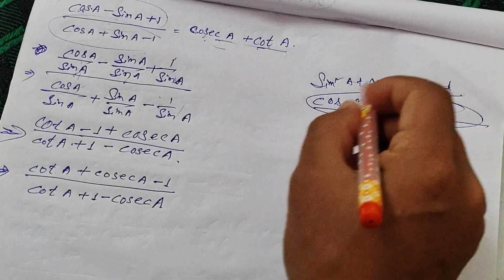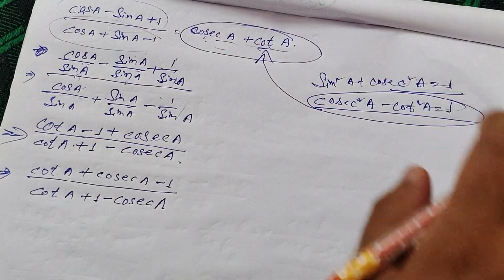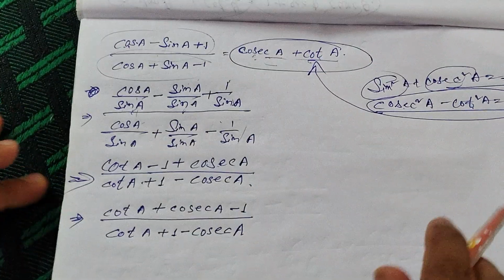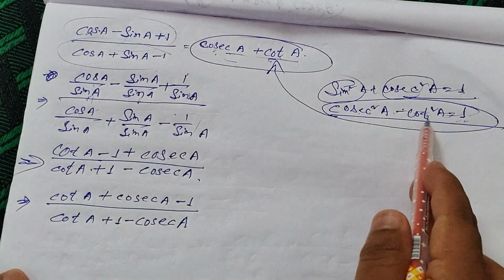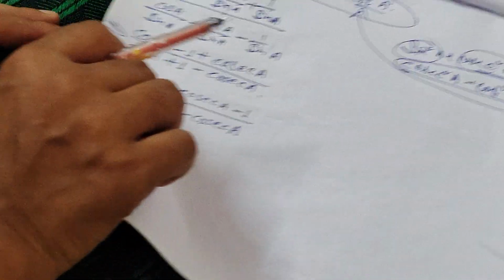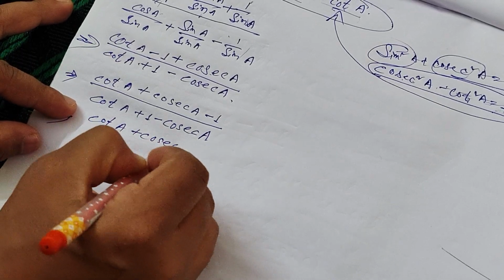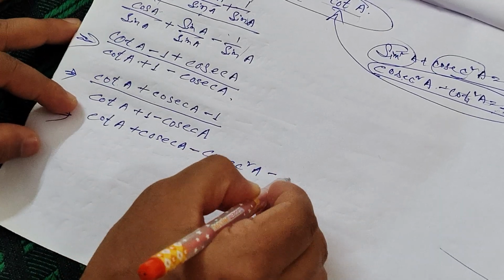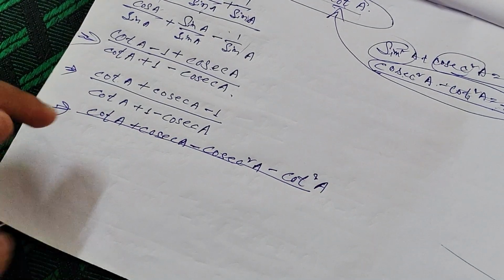Here we have to take this because we have to solve cosec A plus cot A. Here we do not need sin; we need cosec and cot. So in place of this 1, we can write cosec square A minus cot square A. Cot A plus cosec A, we can write here cosec square A minus cot square A. This is our formula.